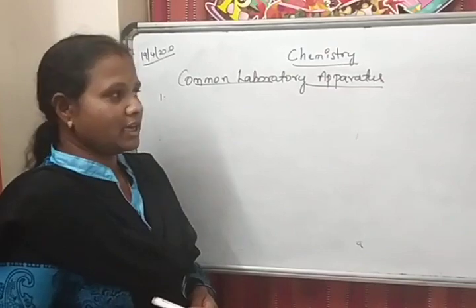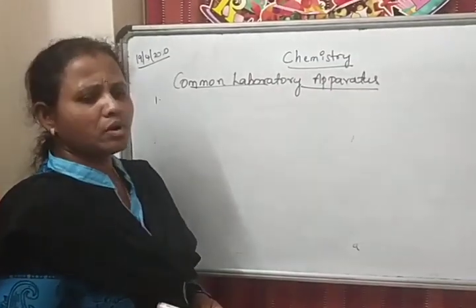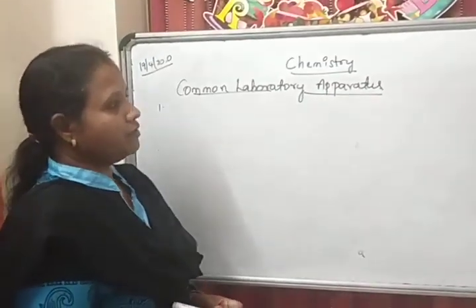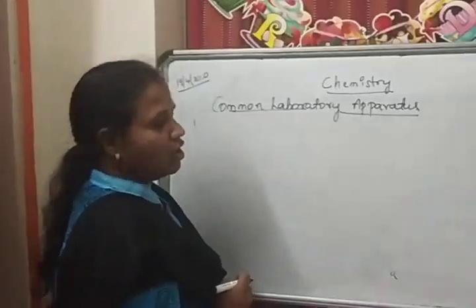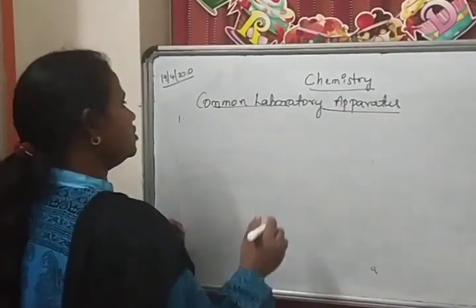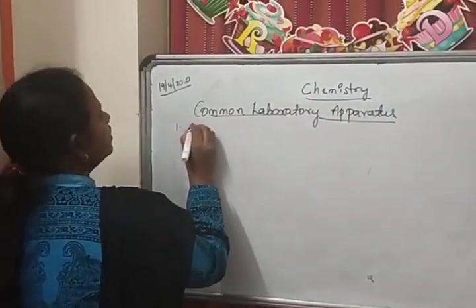In our chemistry lab, we conduct a number of experiments. For these experiments, we need the laboratory apparatus. What are some of the apparatus used in the chemistry lab?